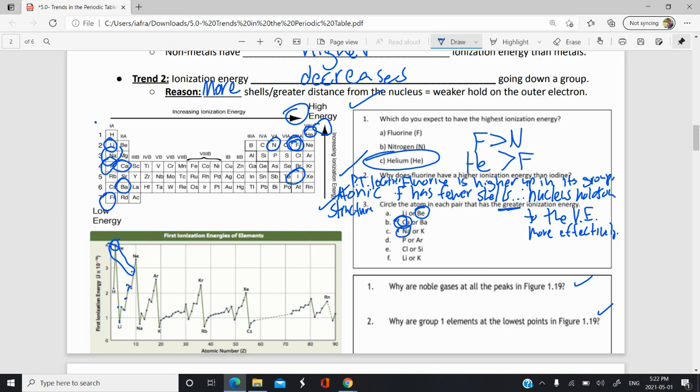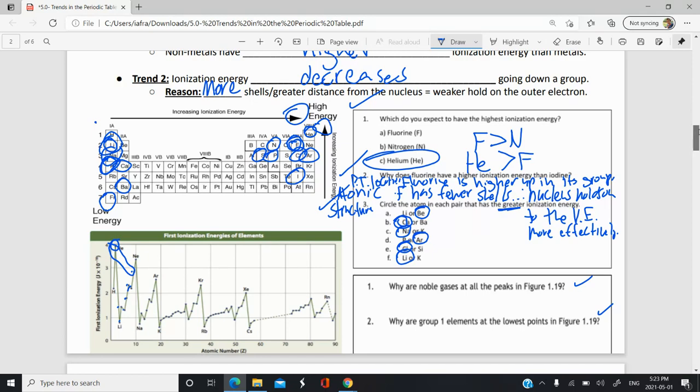Sodium wins in this case for the similar reason that we saw in question B. Between phosphorus and argon, well, argon's more towards the right, greater effective nuclear charge, so argon has a higher ionization energy. Between chlorine and silicon, similar reasoning, chlorine has the higher ionization energy. And between lithium and potassium, similar reasoning, lithium has a higher ionization energy.